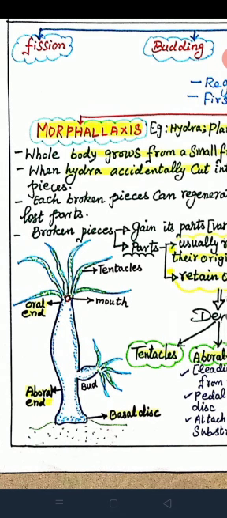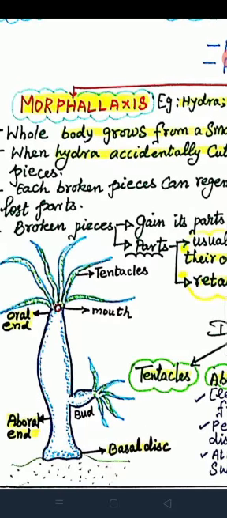And aboral end is away from the mouth part, opposite to the mouth part. Basically, aboral end occurs near the basal disc. Hydra has oral end at the top, aboral end opposite to the mouth at the base. Oral end has tentacles. Aboral end is fixed with the basal disc.